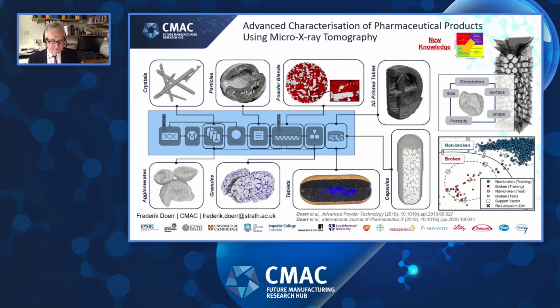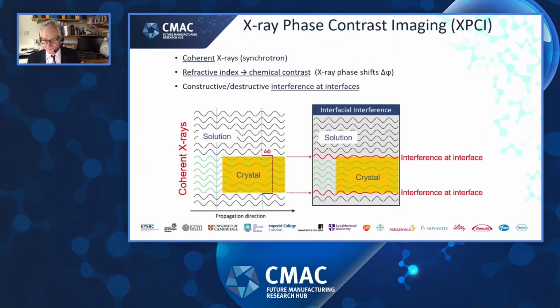This is taken from the work of Frederick Dorr, who looks at formulations, crystals, and particles, and gets their internal and external structure, and relates that to formulation behavior, processing behavior, and product performance. However, we can go one further now using synchrotrons and coherent X-rays.